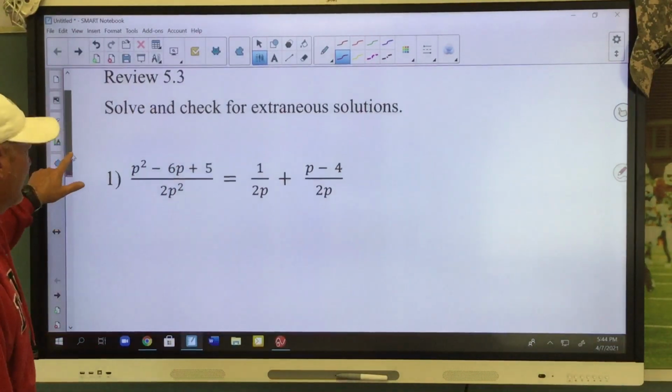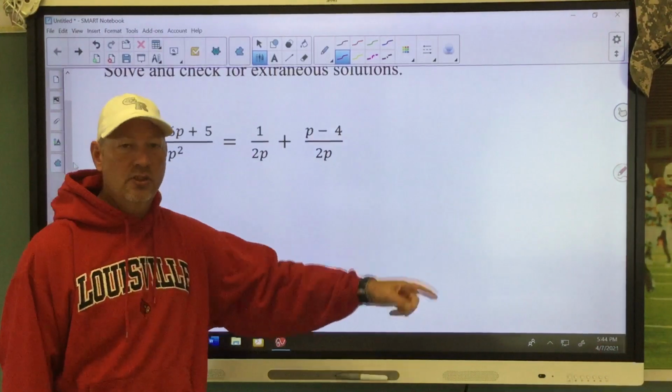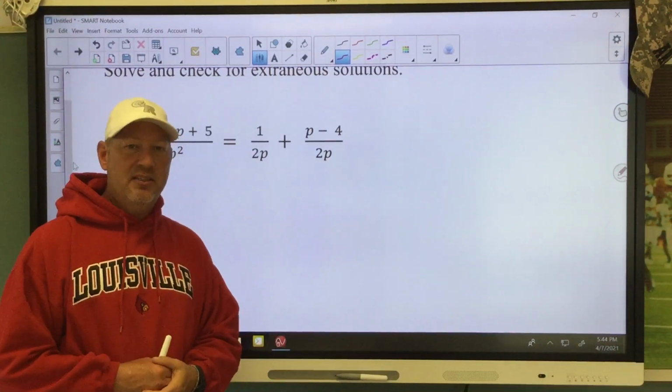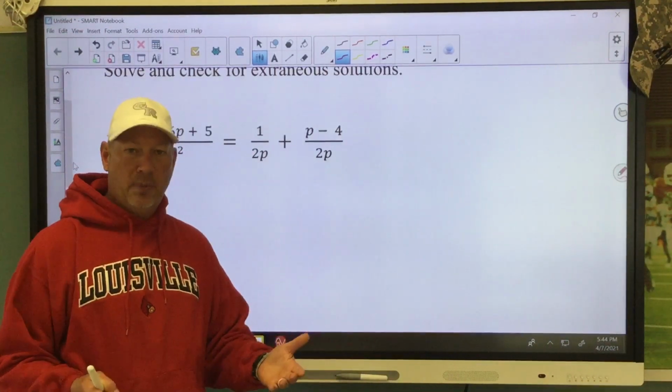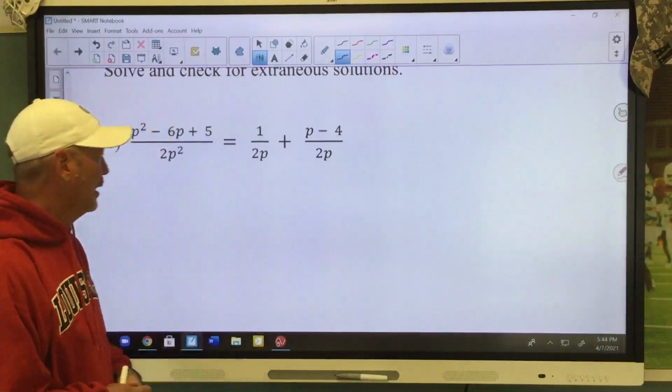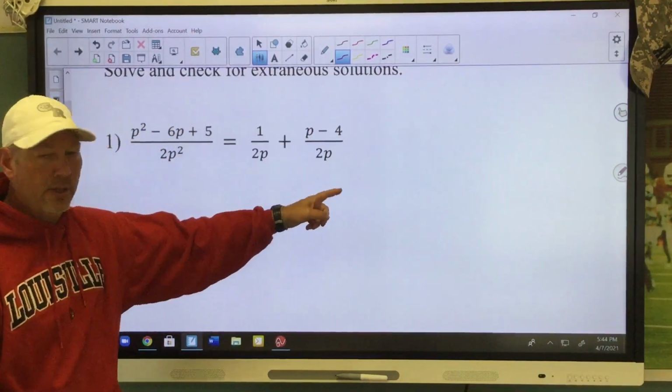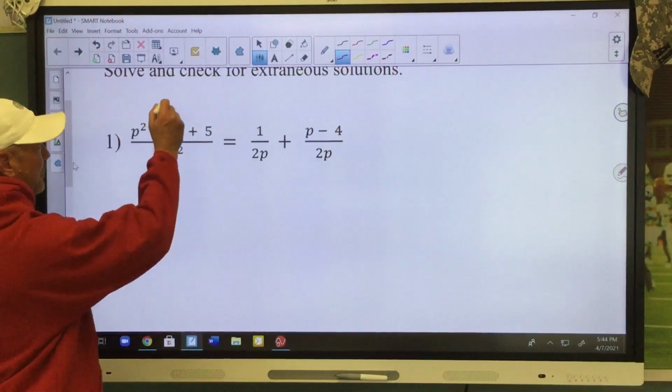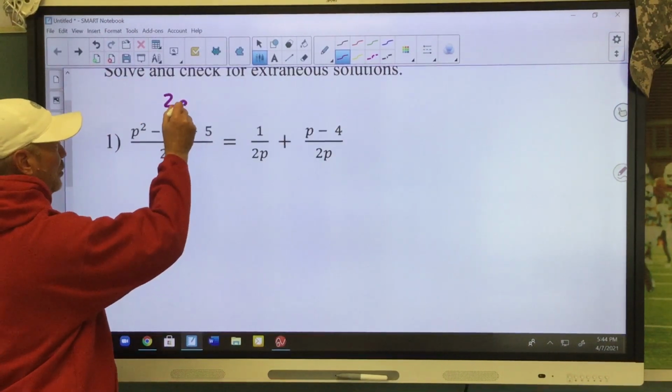All right, so in this case, to make our fractions disappear, to make it an easier problem to handle, we're going to multiply times the common denominator. In this case, my common denominator is going to be 2p squared. So we're going to multiply times 2p squared.